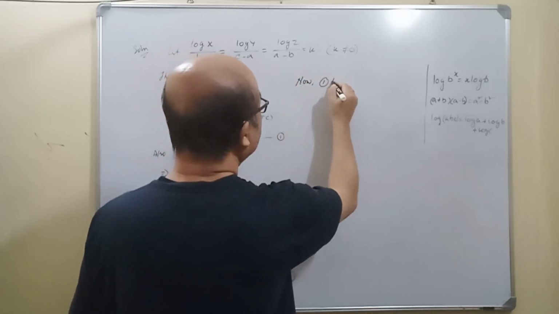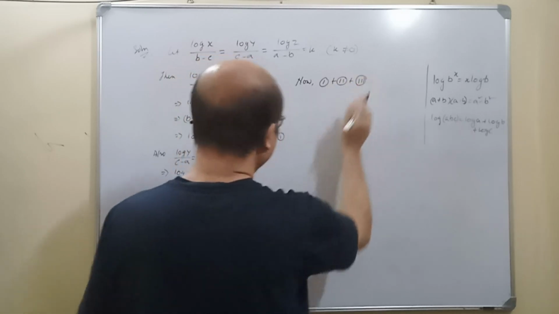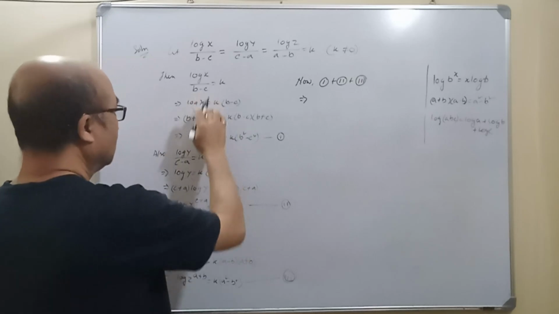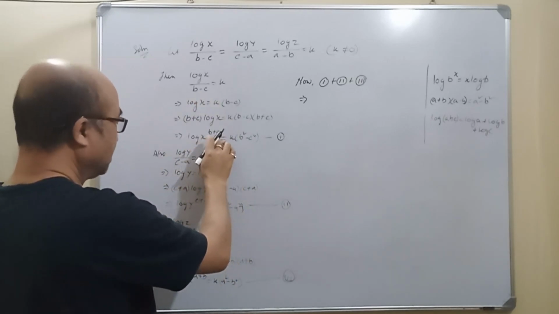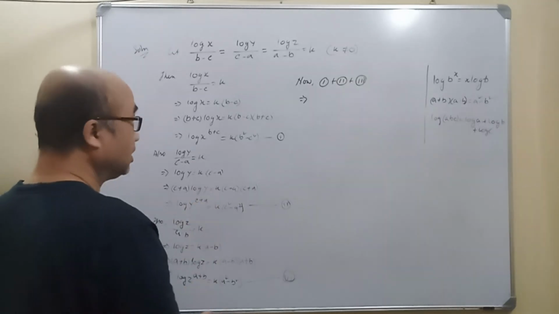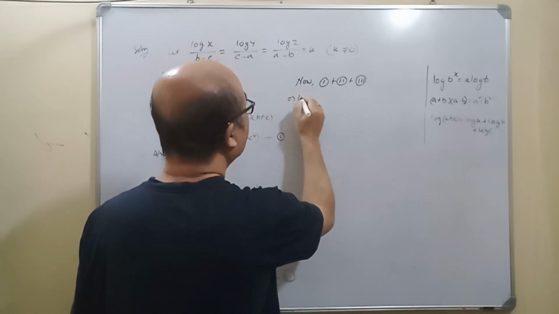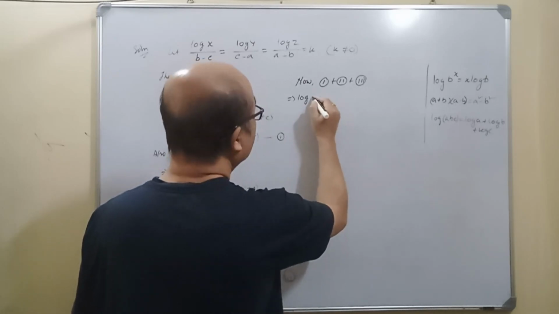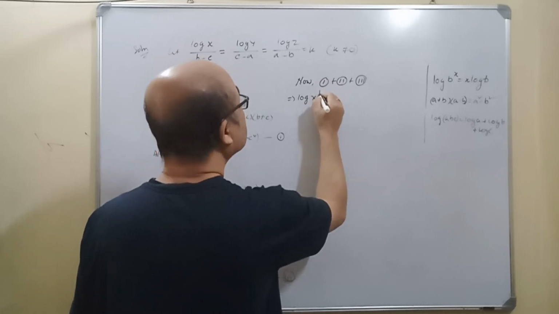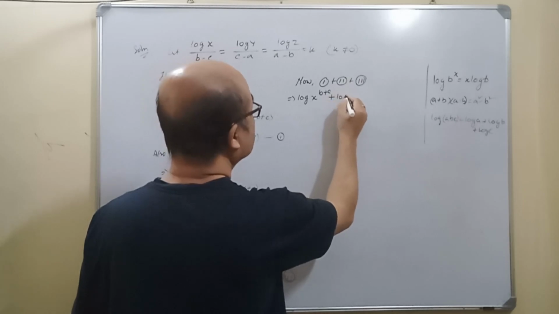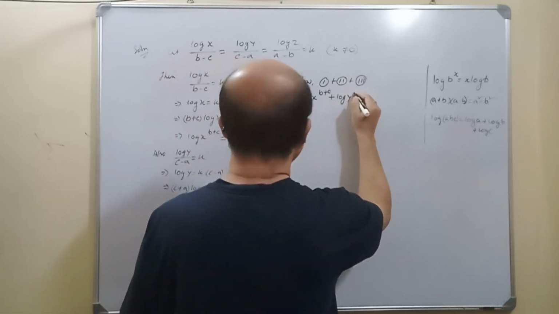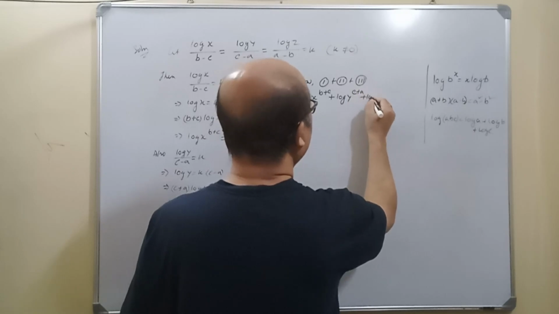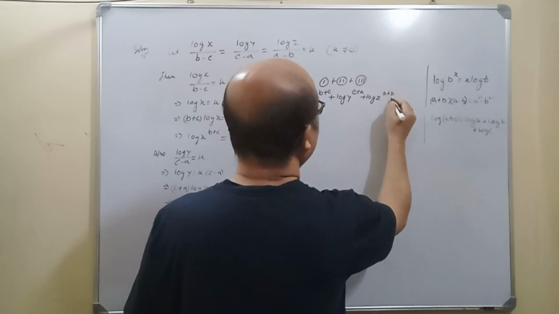Now 1 plus 2 plus 3, which implies, let us add the left hand side: log x to the power b plus c plus log y to the power c plus a plus log z to the power a plus b.